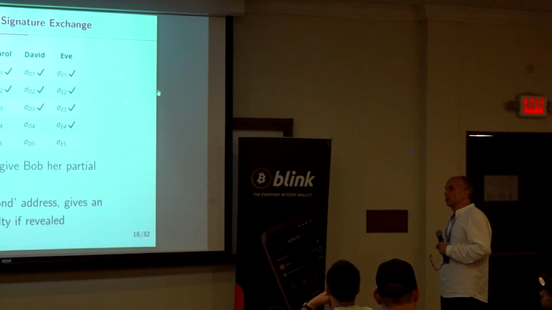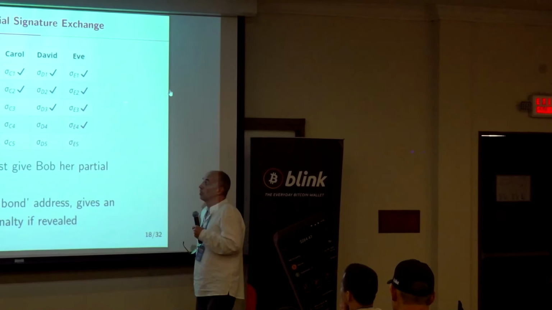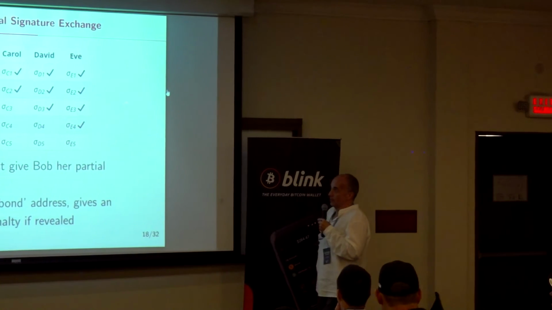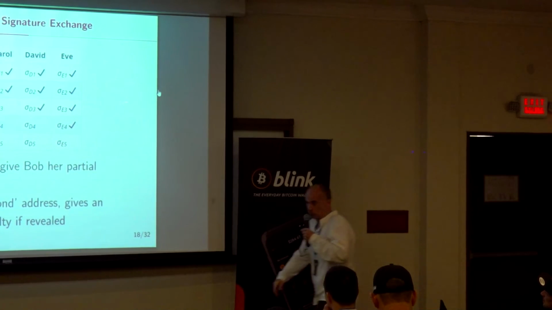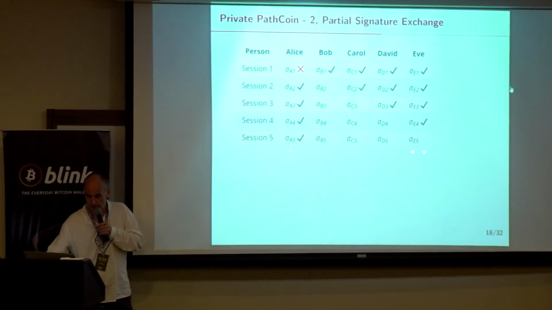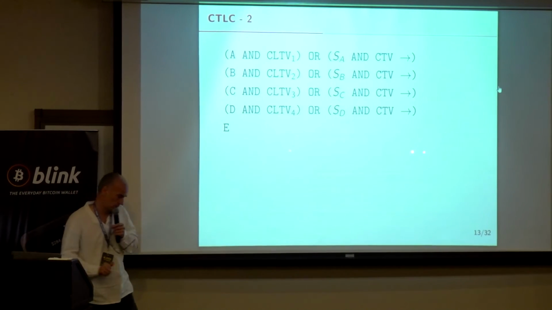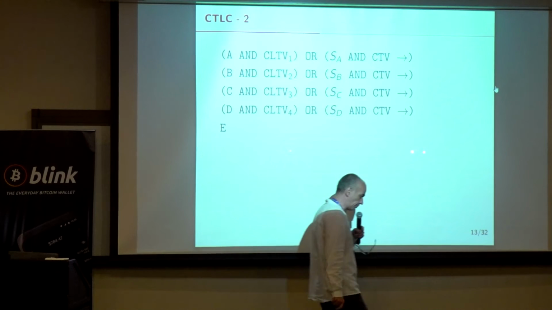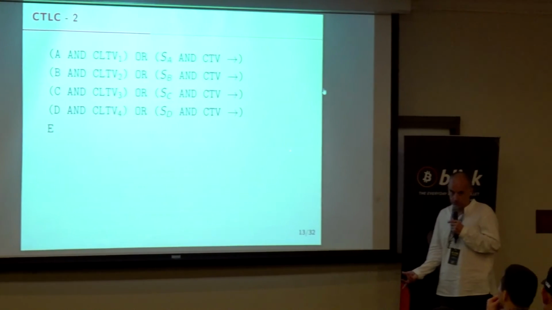Yeah. So in itself it isn't a very interesting observation, I would say, but I think the only interesting observation is that if the penalty bond has the structure of what I called CTLC before, in other words, this structure, each party will only have to put up an amount equivalent to the coin itself, not n times the amount.